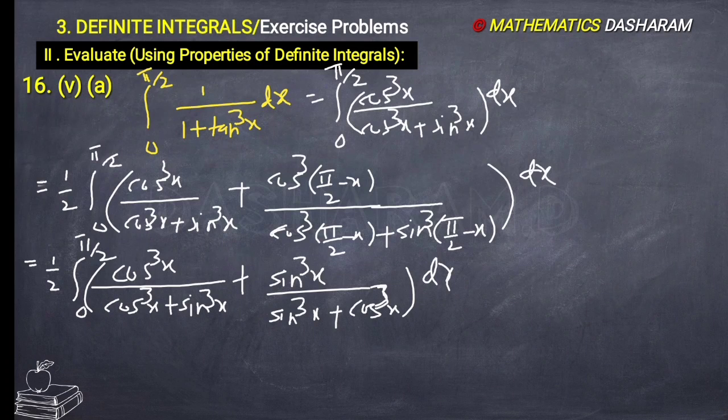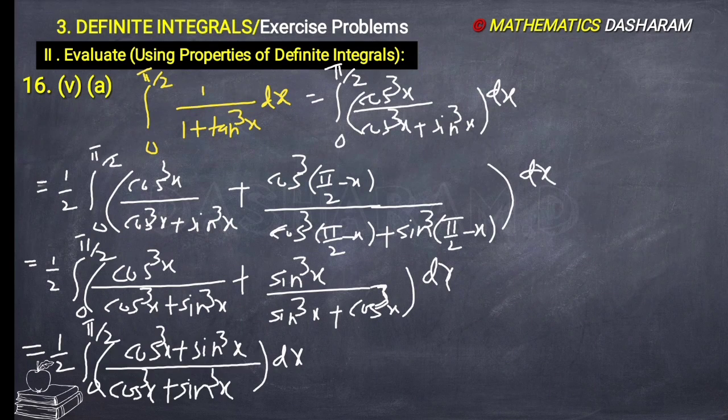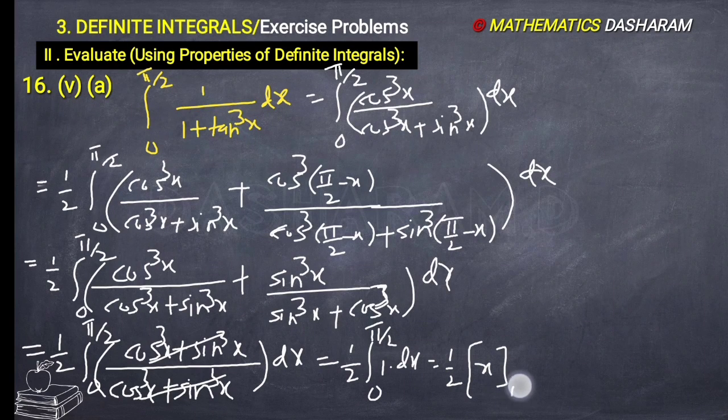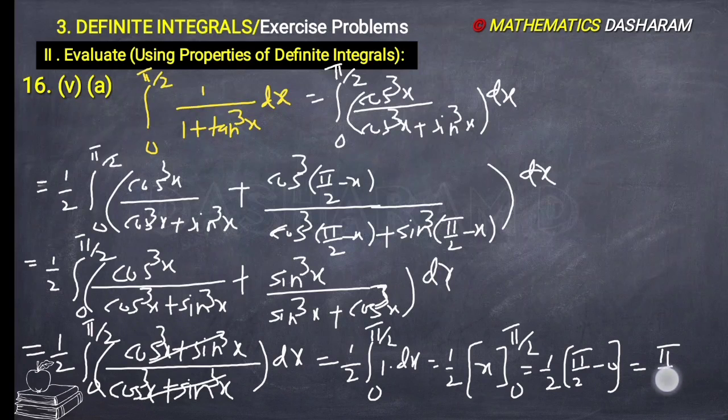Now observe the denominators, they are the same, so add the numerators. Now both are cancelled, 1/2 integral 0 to pi/2 of 1 dx. So the integration of 1 dx is x from 0 to pi/2. So 1/2, substitute the upper limit and lower limit, then it is equal to pi/4.